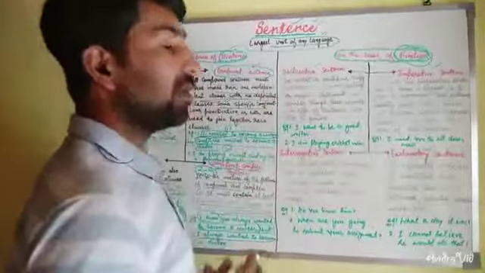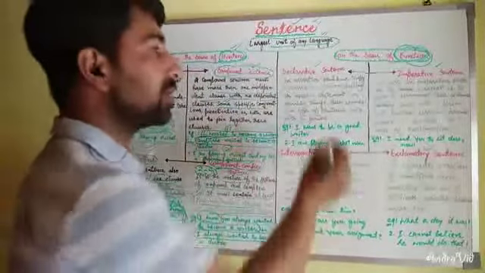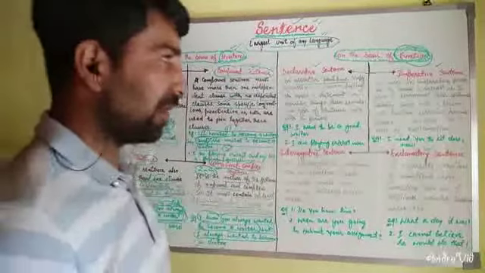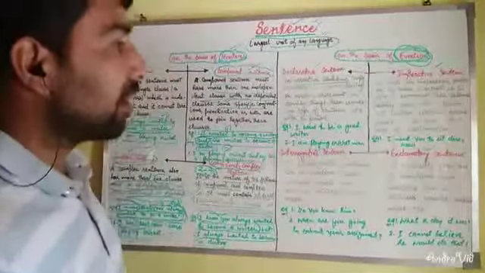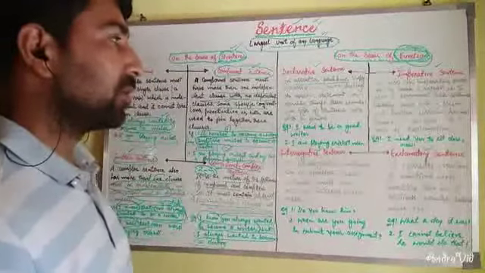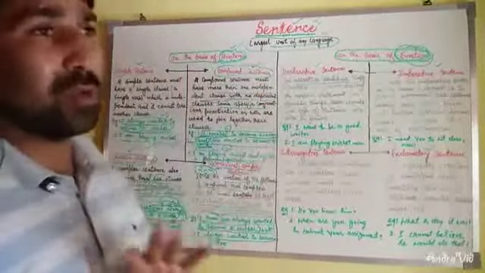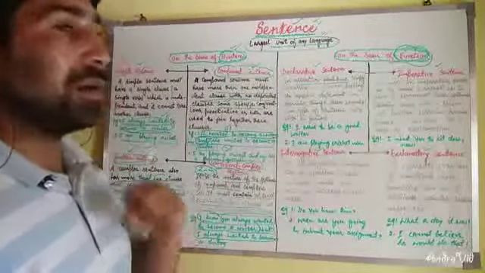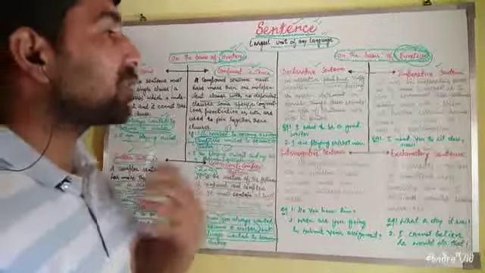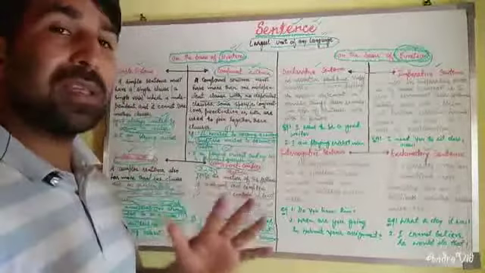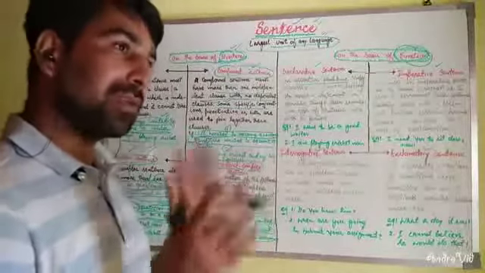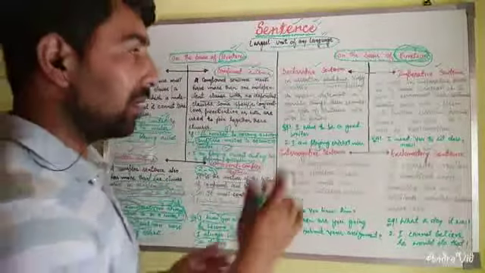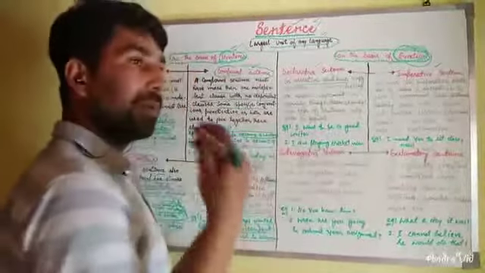A declarative sentence, which we sometimes call an assertive sentence, simply expresses an opinion or feeling, makes a statement about anything, or describes things. So when an expression is given, or an opinion, or something or some action is being described, and it is the end of that period, that means it is complete, having complete sense, and it does not need anything more, and it has complete sense by putting a full stop.